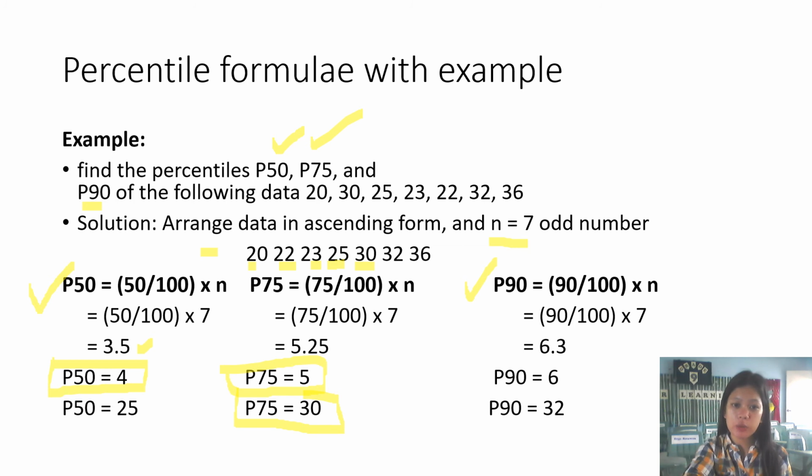So 20, 22, 23, 25, 30, 32. So 32 is the 6th data. So 32 and below falls under the distribution of the 90th percentile.